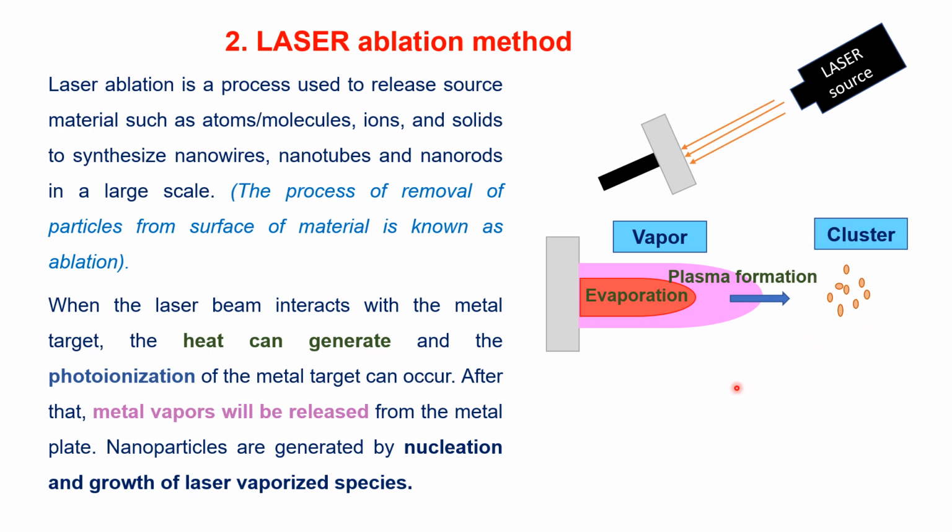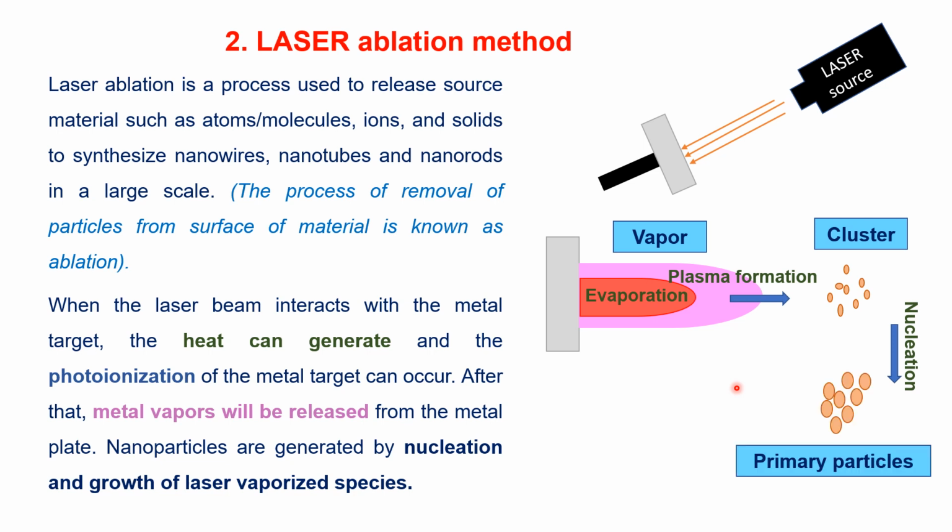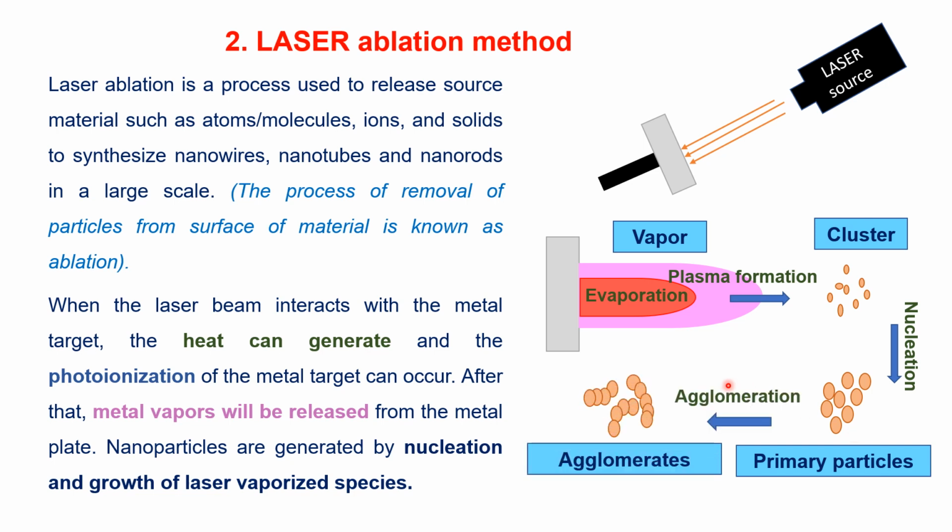Now the cluster, also a small size particle below the nano size range, will undergo nucleation and produce a primary particle that will undergo agglomeration and produce agglomerates that will be in the range of nano size particles.